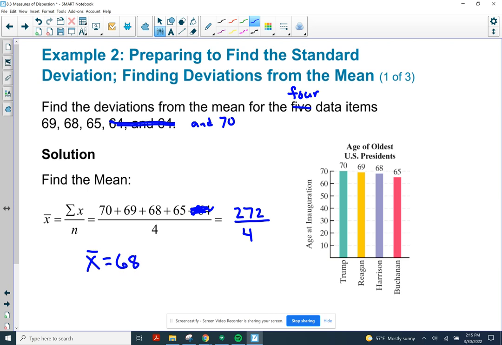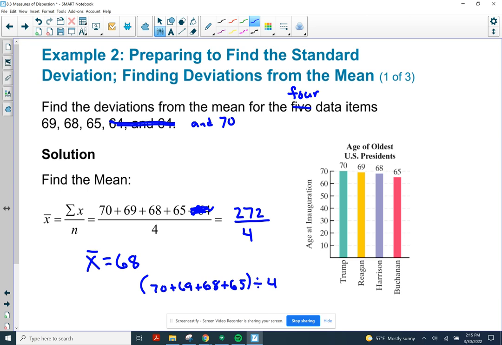So the average, or the mean, is 68 years. And remember, if you use your calculator to do this, you need to make sure you put the sum in parentheses if you're going to do it all at the same time to make it do the adding before it does the dividing.